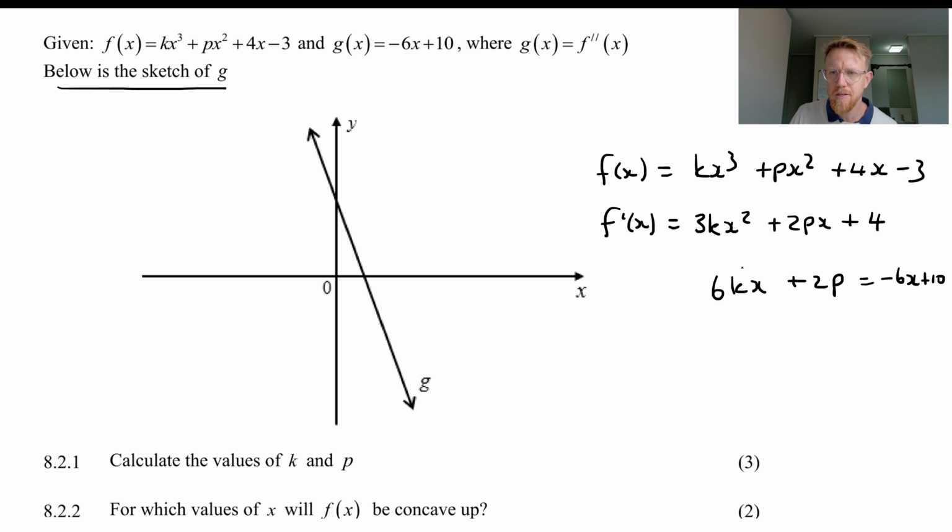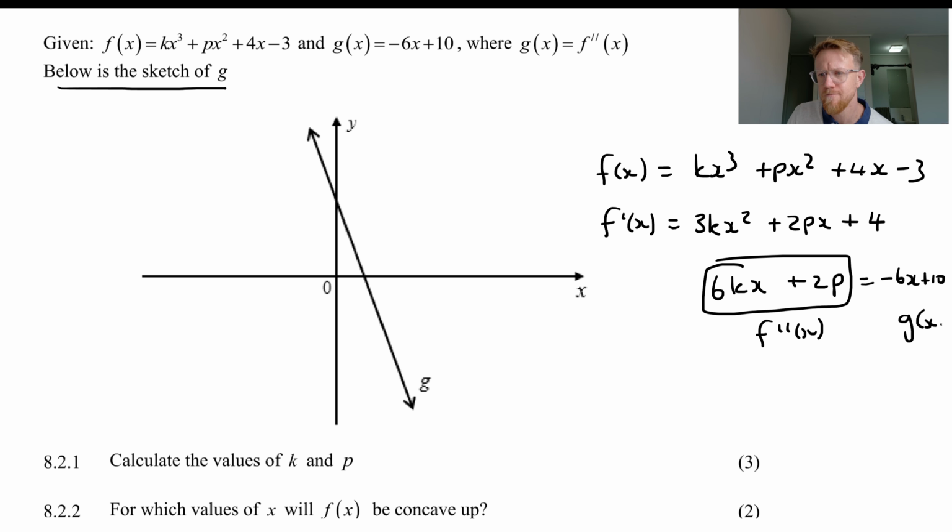Remember that this part here is the graph of the second derivative, and this part here is the graph of g. If you look on the graph of g, can you see that it can have any x value? If you just keep going, this graph would keep going to the left, and this would keep going to the right.